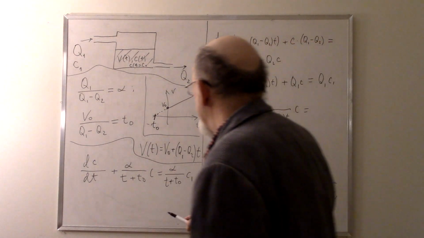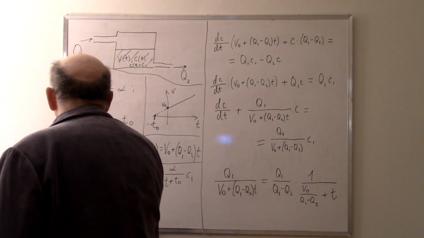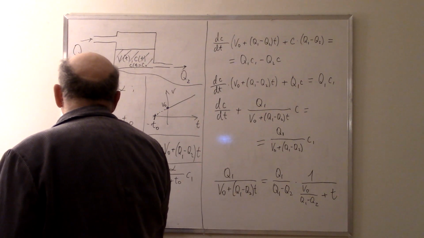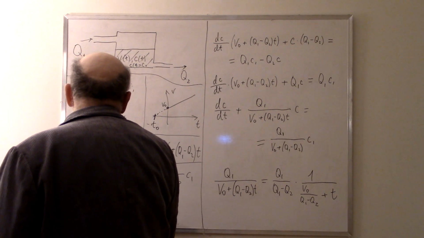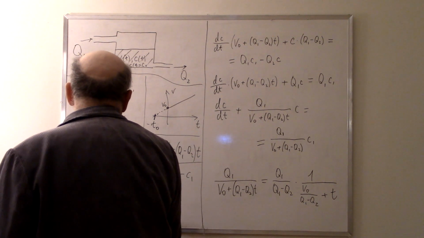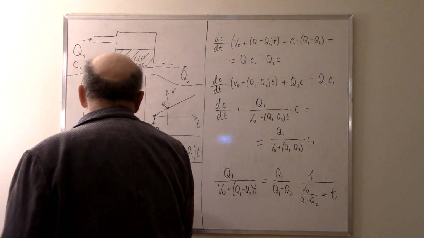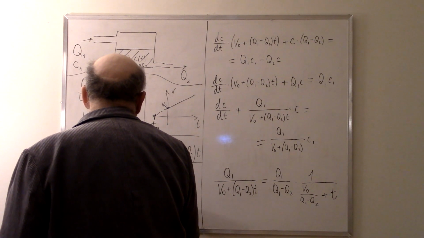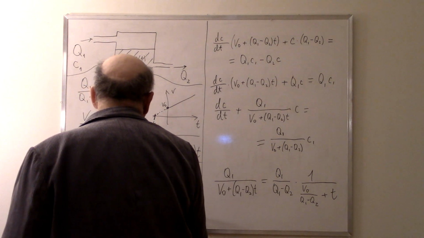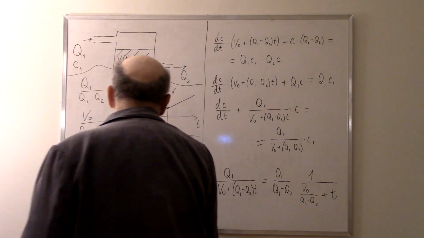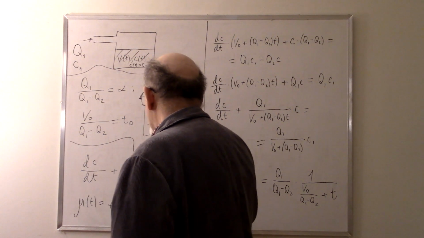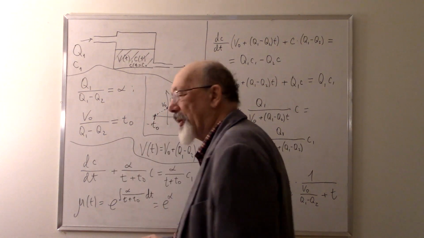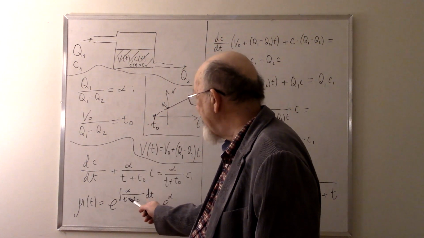Okay, so the integrating factor equals e to the power of the integral of alpha divided by (t plus t0) dt, equals e to the power alpha times the integral of 1 divided by (t plus t0).